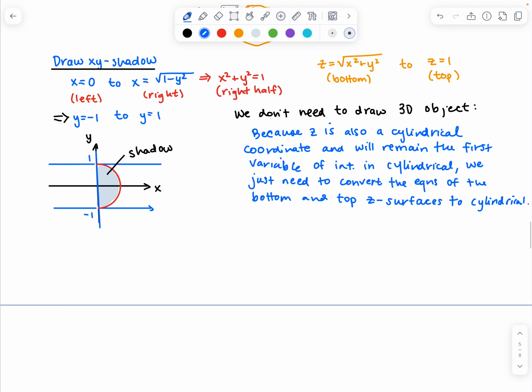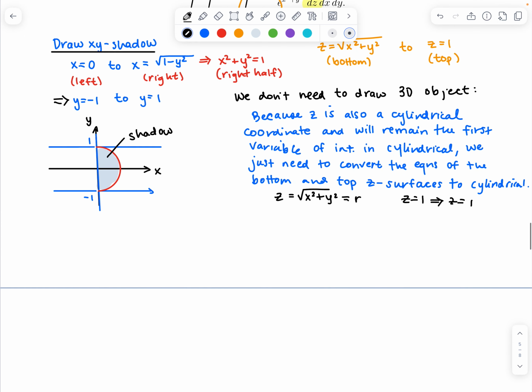So if I have z equals the square root of x squared plus y squared, that is really just z equals r. And z equals 1 is just going to still be itself, z equals 1.